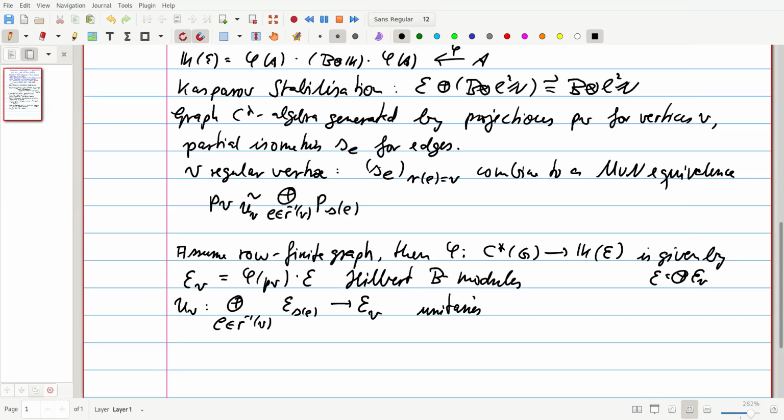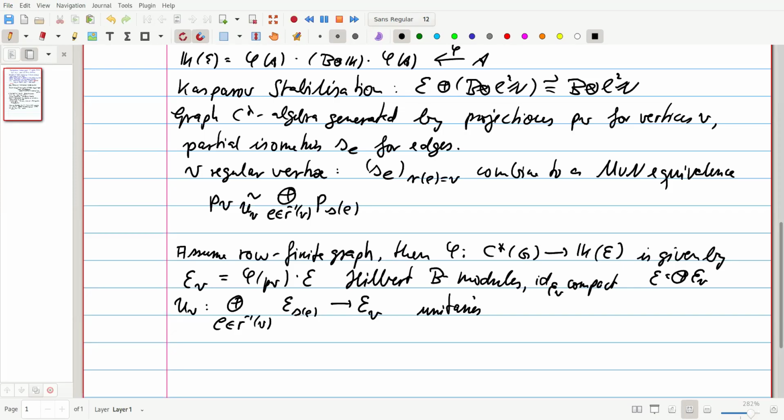So if I know this data, then I get a Hilbert module E with a representation of my graph C-star algebra. There's one more extra condition, namely the identity map on E_V has to be compact. This is because P_V is going to a compact operator, and then if you translate this statement to what happens on E_V, it means that E_V has a compact identity operator.